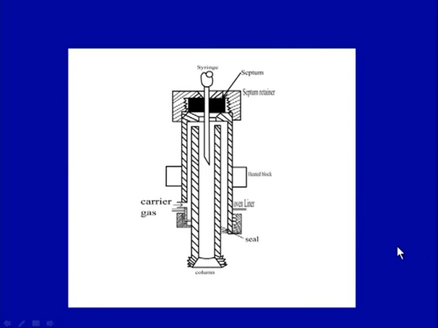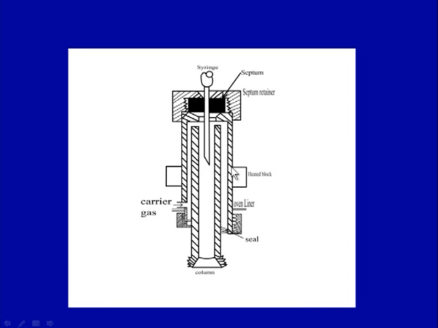Now, this is a very typical representation of a vaporizer, where you can inject the sample in here. As you can see on your screen, there is a syringe which injects the sample in here through a rubber septum, as I was talking to you, and there is a heat block here.